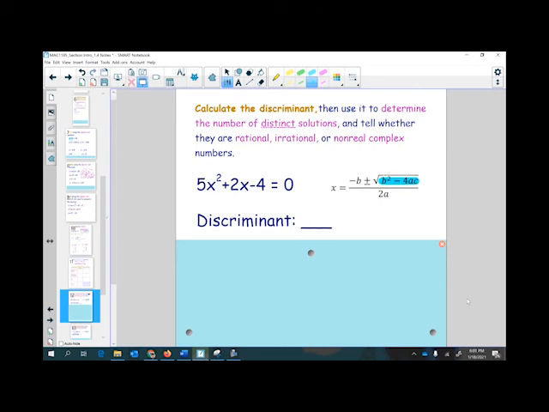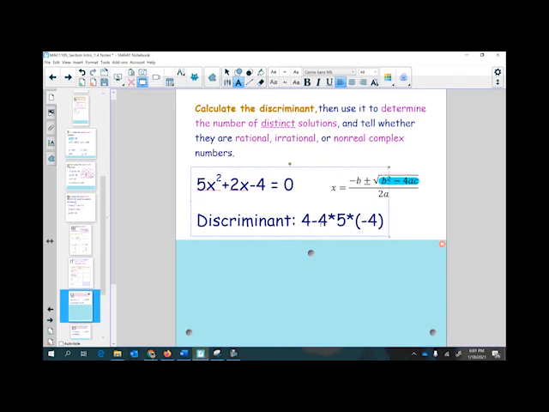All right, so the discriminant is b squared minus 4ac. So let's calculate that. I'm going to do b squared, where b is 2 here. So what's 2 squared? 2 squared is 4, right? b squared minus 4 times a, which is 5 here, and times c, which is -4.